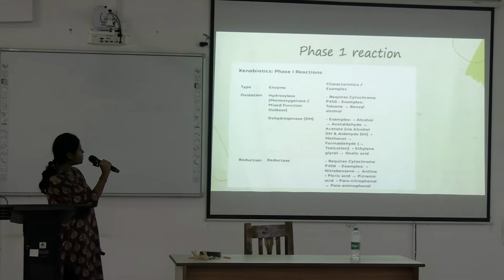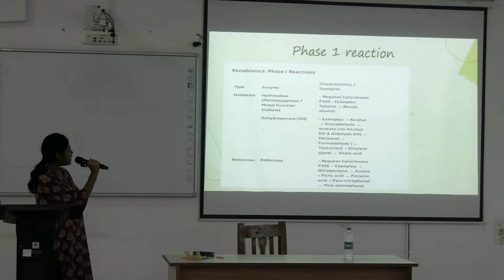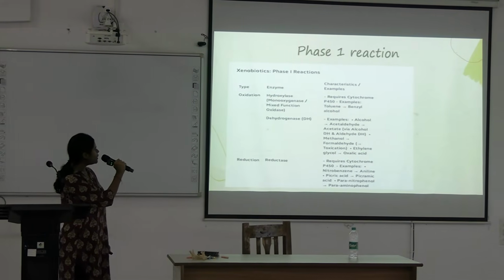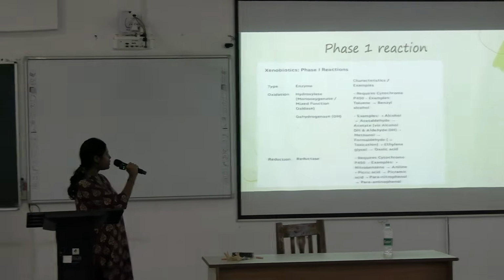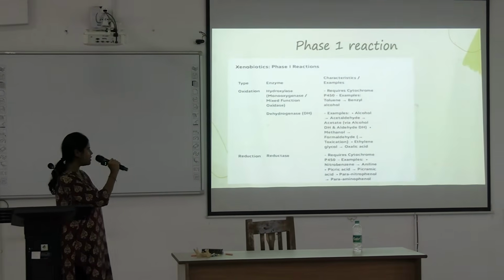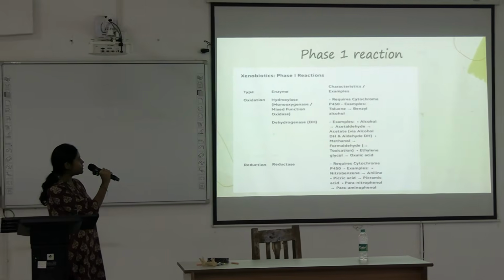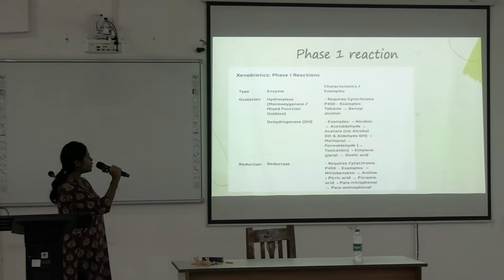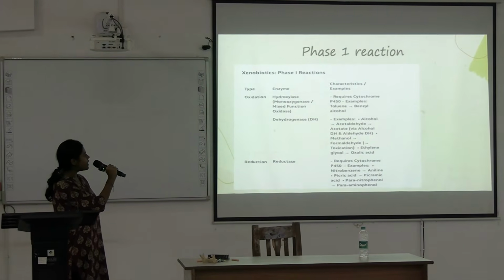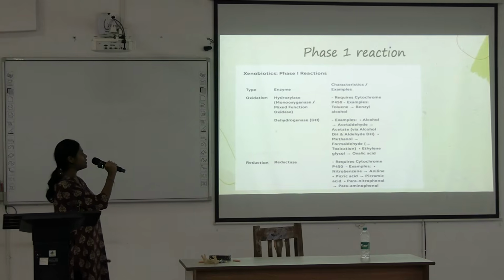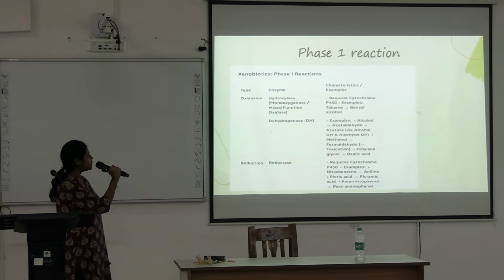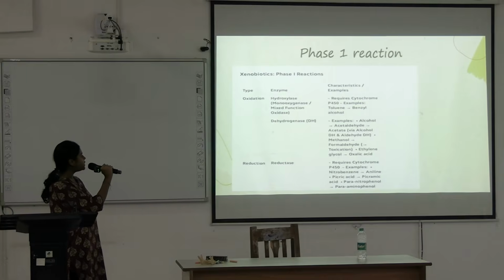Phase 1 reaction. Type: oxidation. The enzyme involved is hydroxylase, which is also known as monooxygenase or mixed function oxidase. It requires cytochrome P450. Example, toluene is converted into benzyl alcohol.